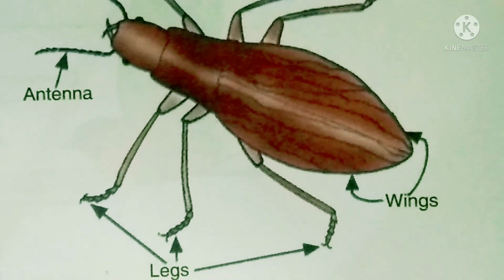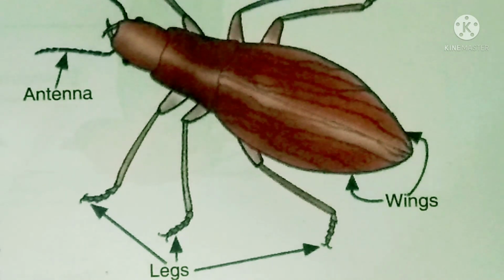These legs of the cockroach can be moved very easily with the help of the muscles. And these muscles which move the legs of the cockroach are also attached to the skeleton. So, muscles bend the legs wherever it is needed.